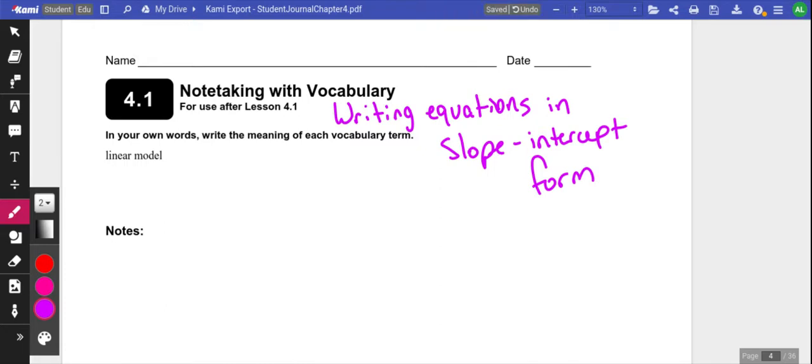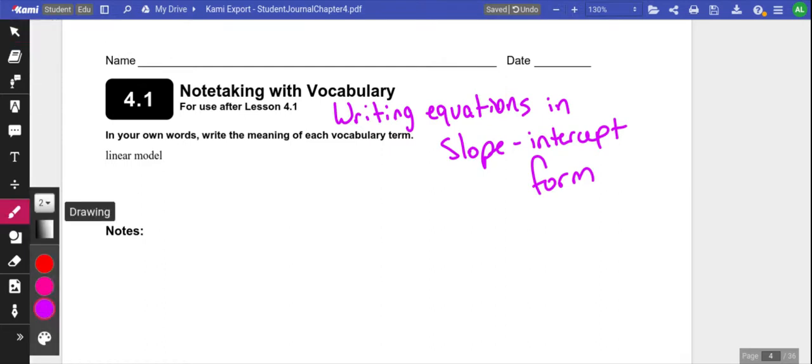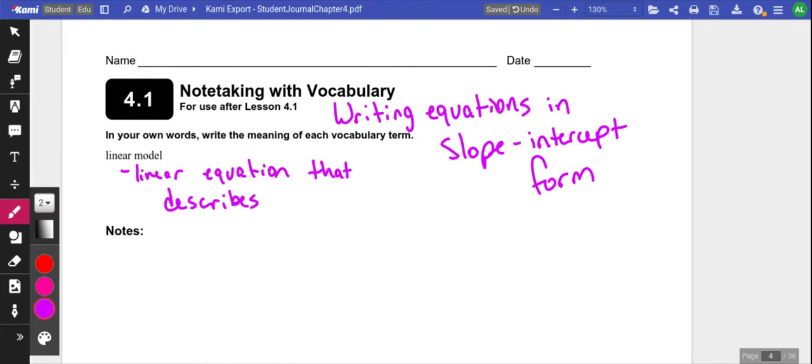So remember, if we wanted to really quickly define this word, a linear model is just any linear equation that describes a scenario. Okay, so that's what we mean by a linear model.